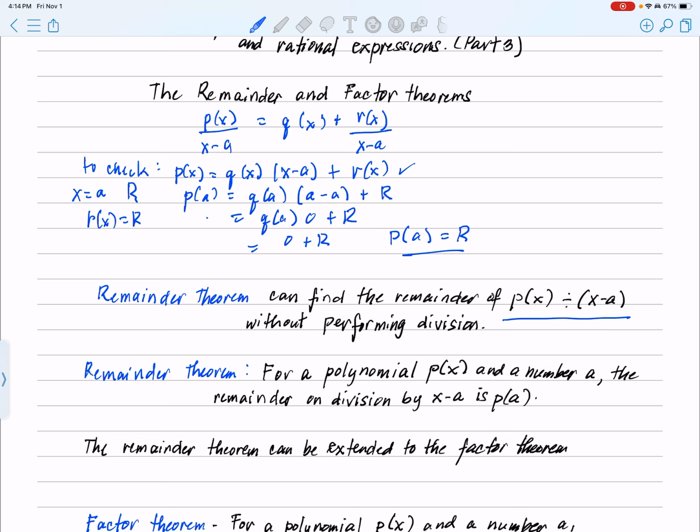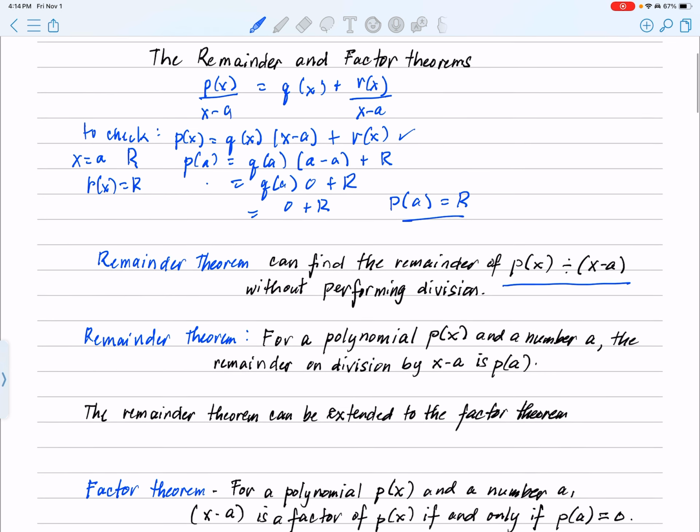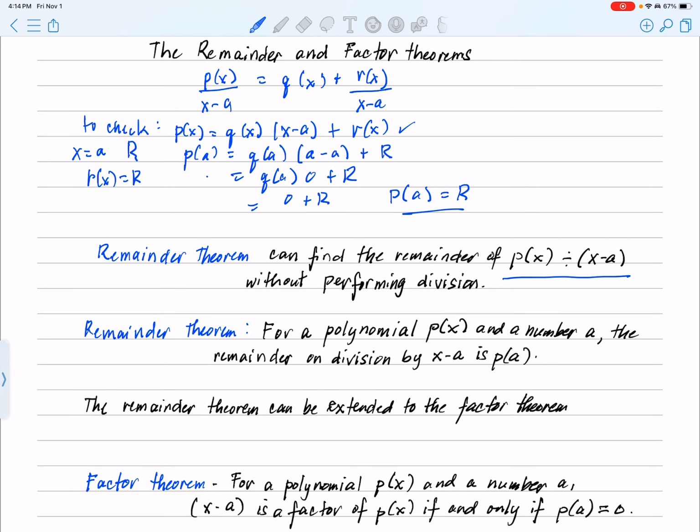So what is the remainder theorem? For a polynomial p of x and a number a, the remainder on division by x minus a is p of a. Okay?